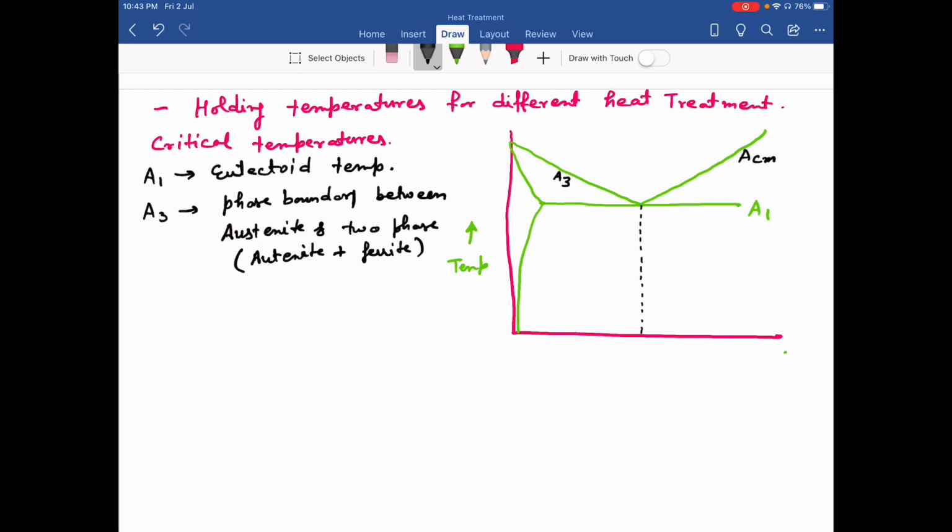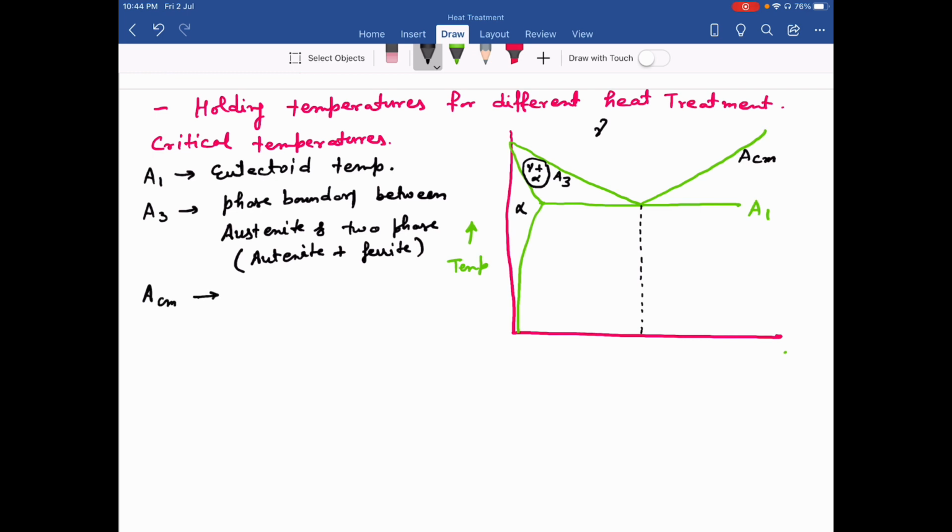Okay, so this is my gamma range. Okay, this is alpha. Okay, so in between I have gamma plus alpha. This is my two-phase region. Okay, and ACM.